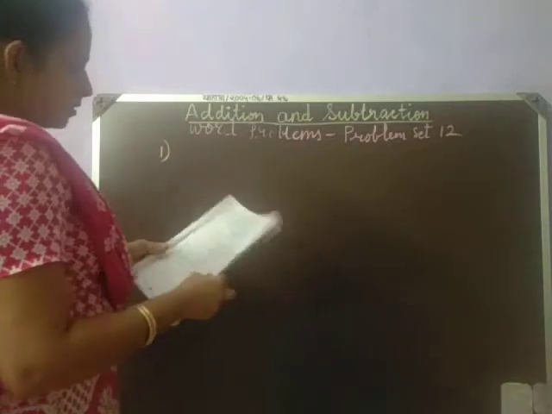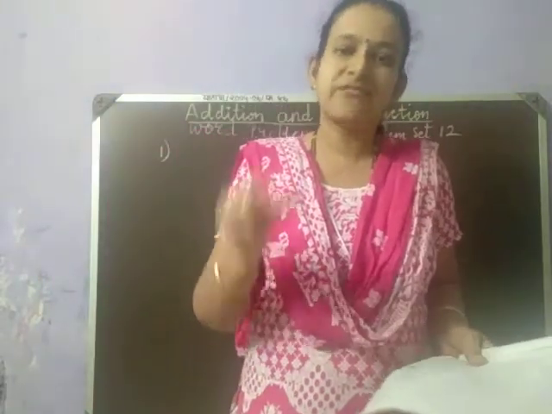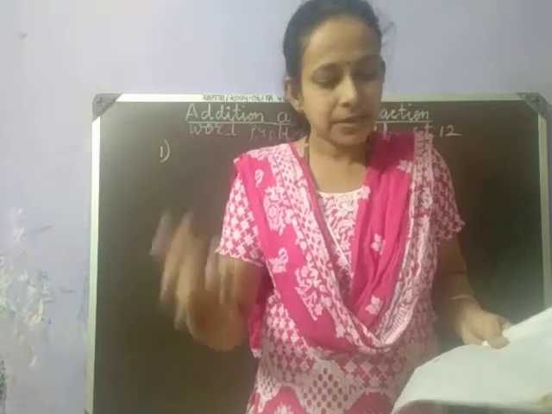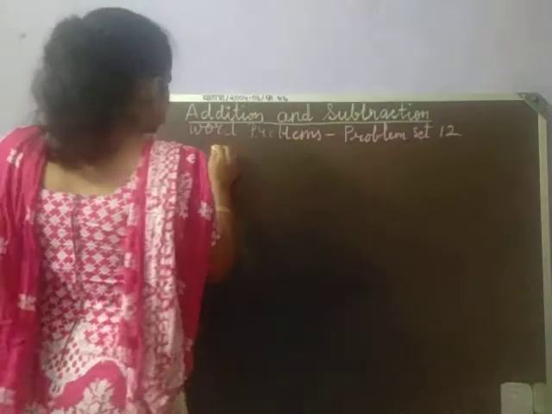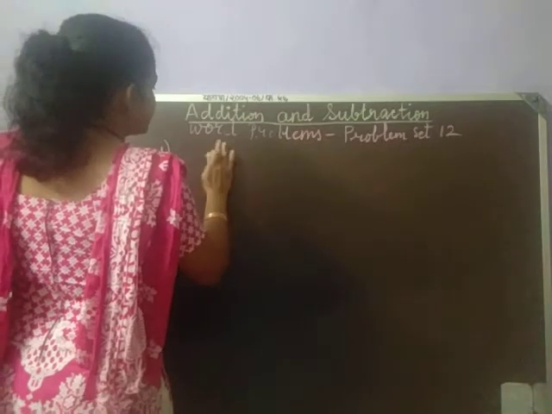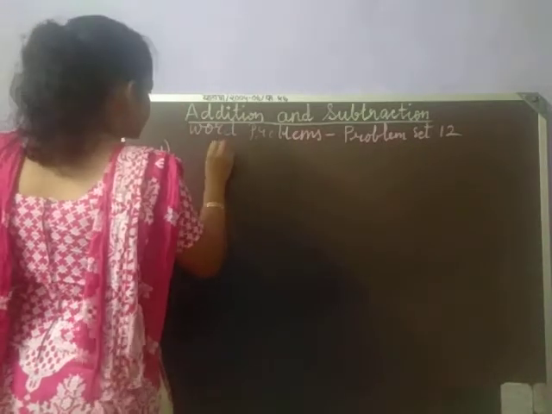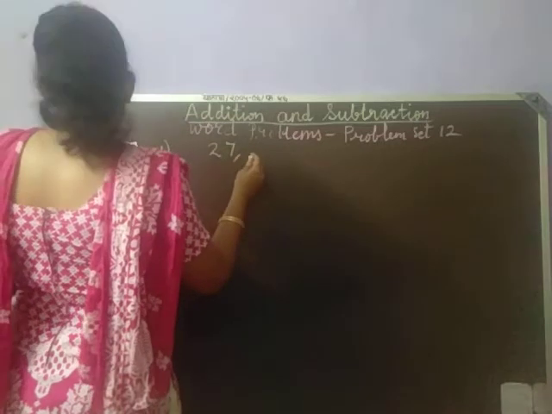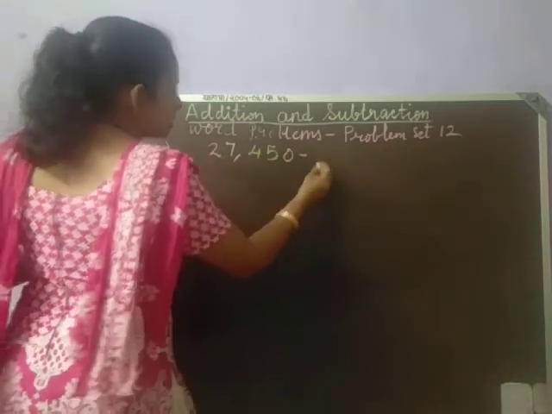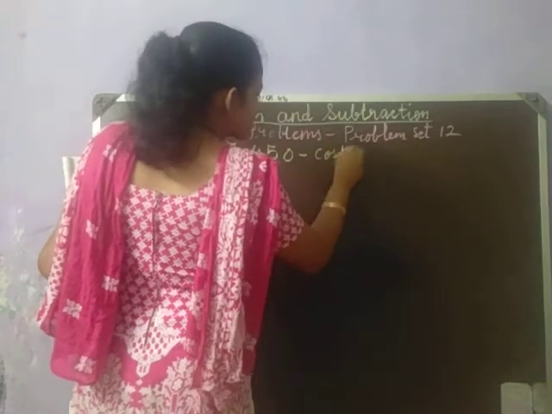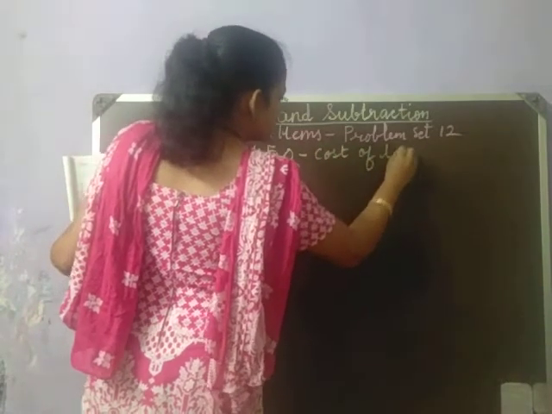So the laptop cost is more. Therefore we have to subtract from the laptop cost the amount what Prathamesh has. So the laptop cost is rupees 27,450. This is the cost of the laptop.